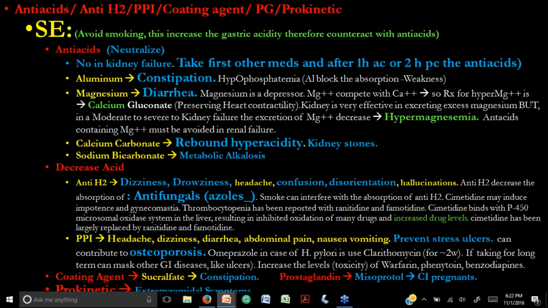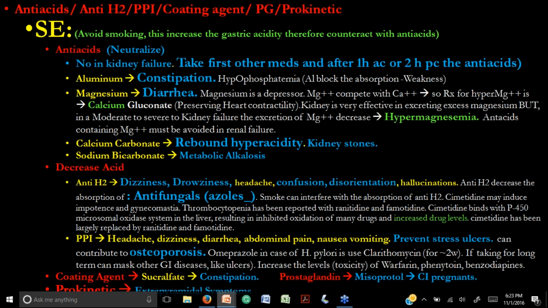So you don't want to have any contact with antacids because the absorption of the other medication is going to be low. So take first the other medications and after, 1 hour before meals or 2 hours after meals. So that is the thing that we need to remember. Always take first the medication and after the antacids.